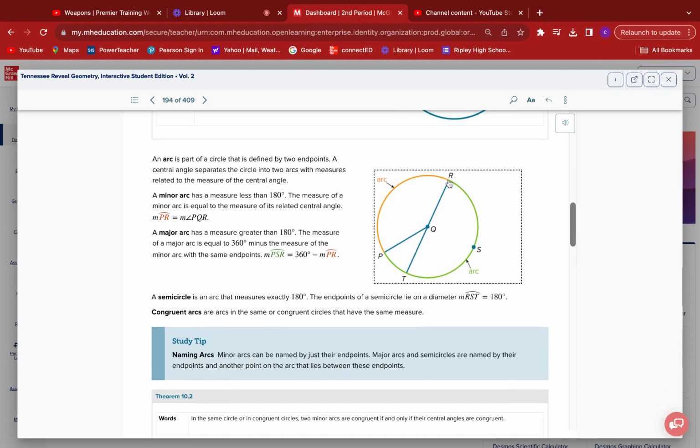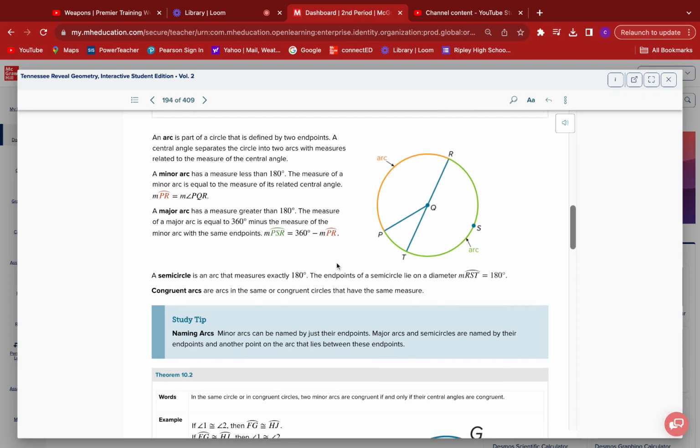If you look at arc RST, that's a semicircle, or you can say RPT, that's a semicircle. Half a circle is exactly 180, which means you have two congruent semicircles. Congruent arcs are the same. RST is a semicircle and RPT is a semicircle. Therefore, they're congruent arcs because they're the same measure.